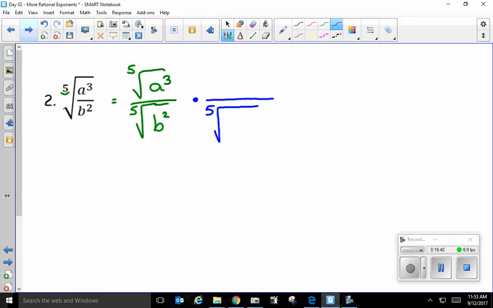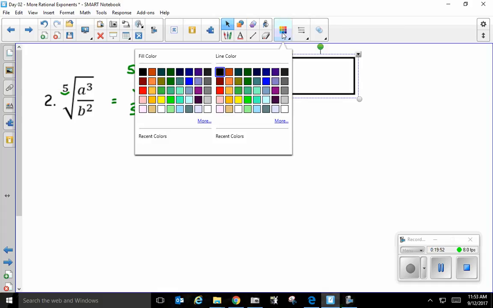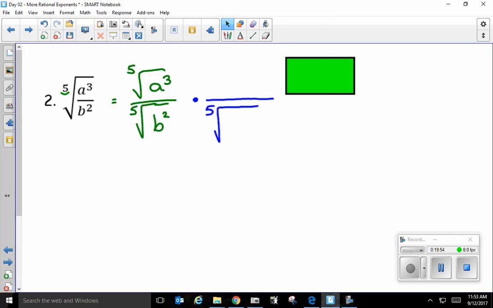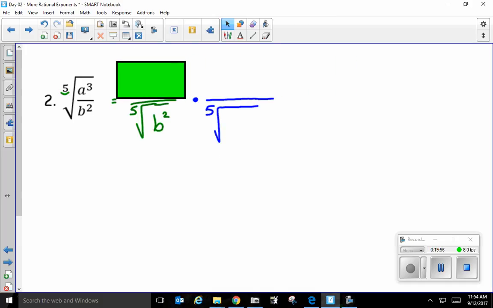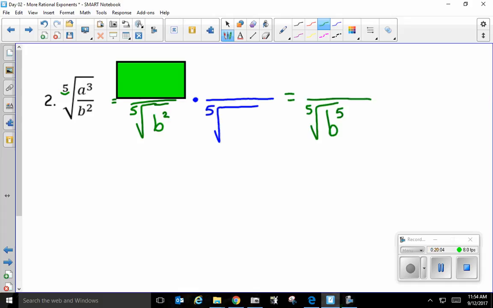Those are the denominators. I want this to be the fifth root of b to the fifth power, don't I?